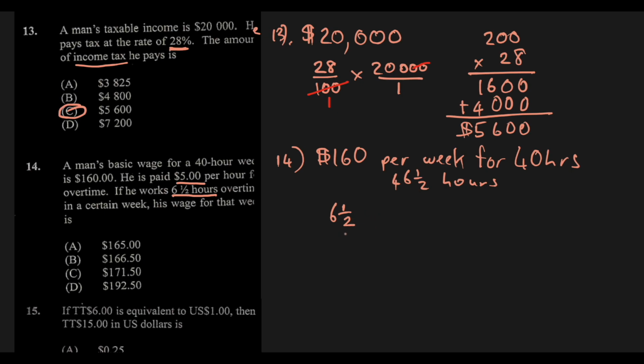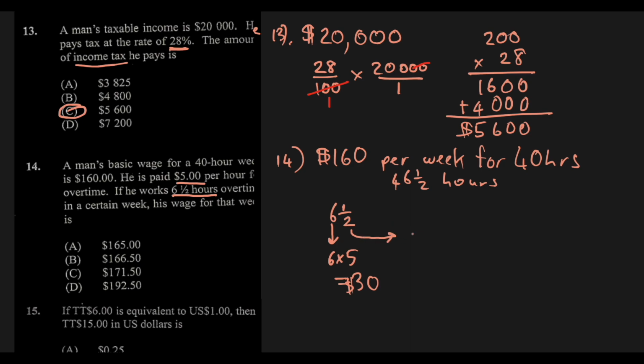Now, I need to figure out what 6.5 hours is going to give him if it's $5 per hour. So we already know the whole number. He worked for 6 hours. What would be for 6 hours? Every hour he makes 5, so that's going to be 6 times 5, which is 30. So $30. And then after that he makes half. Now for the next part, the half that he makes is just for half an hour.